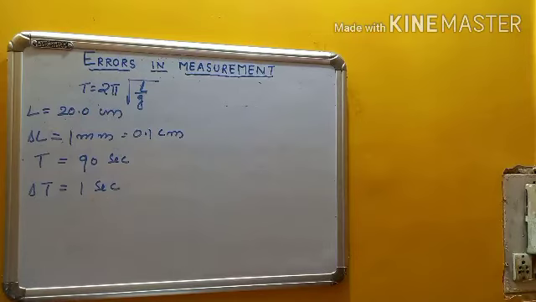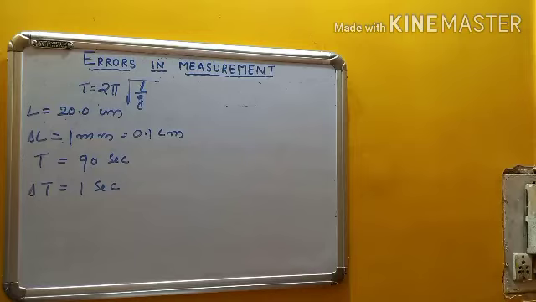Here children, separately there is no need to find the time for one oscillation. When you find it for one oscillation, that means 90 by 100, you would have to do the same thing with delta t also, so that automatically gets cancelled. That is why I have directly written 90 second and 1 second.